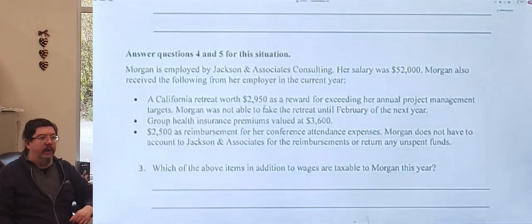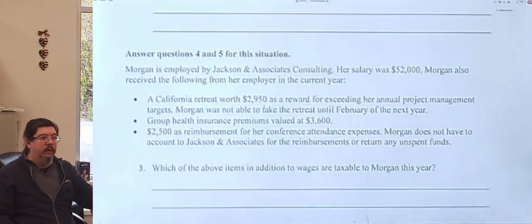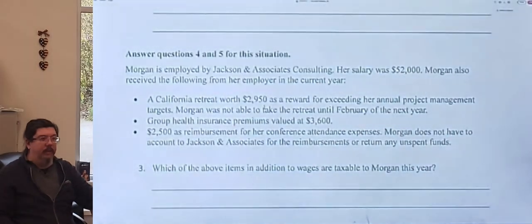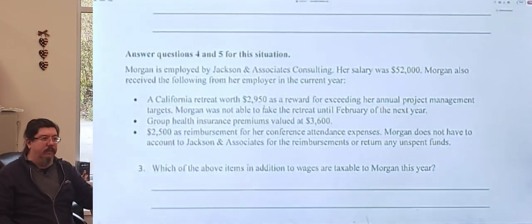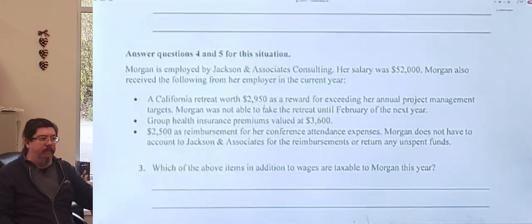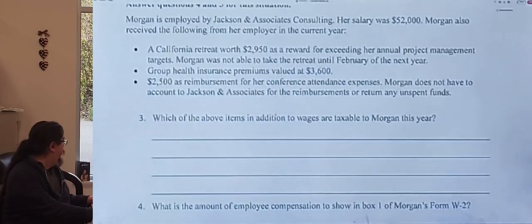So if your employer hands you your last paycheck of the year on December 28th, but you don't cash it until January, you still got paid in December. So that's still going to be income. So yes, the retreat and the reimbursement are going to be included in her taxable wages.